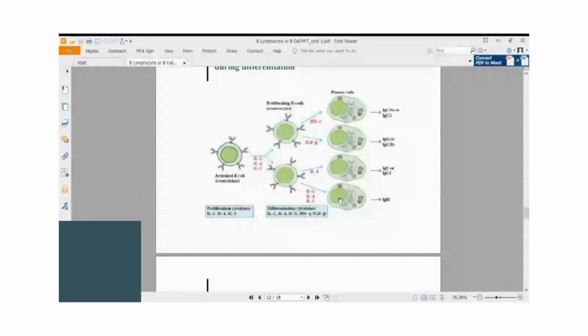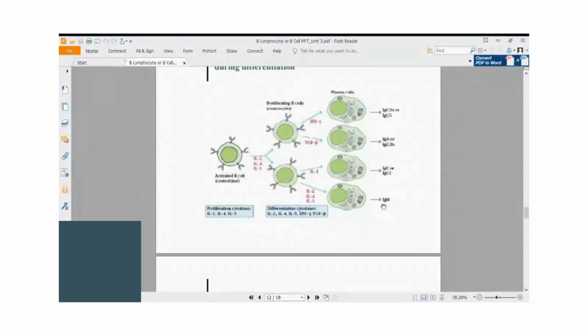It will continue to do the same after plasmablast cells are produced, which will continue to produce only IgM, and it will not allow that plasmablast cell to produce other antibodies. There will be no class switching. Class switching will not take place, it will produce IgM.